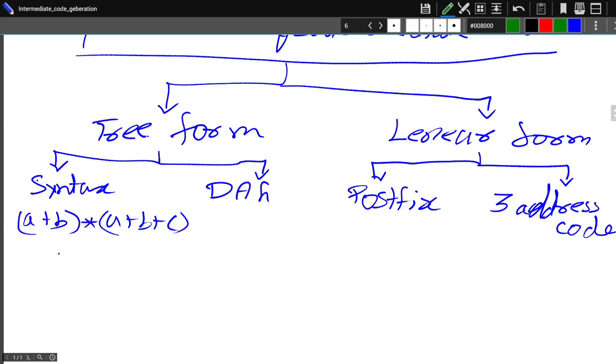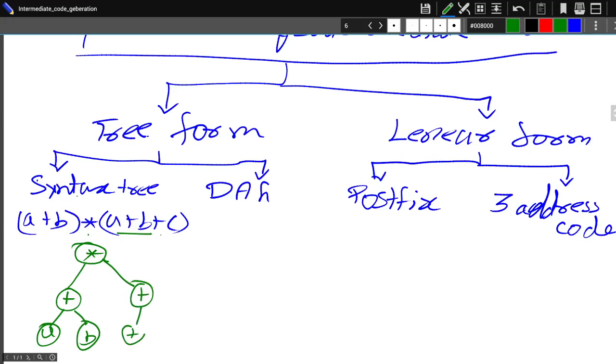The syntax tree will be something like this: you will have a multiplication on the top, then plus with a and b on one side. On the other side, because of associativity, this will be first, so it will go down.